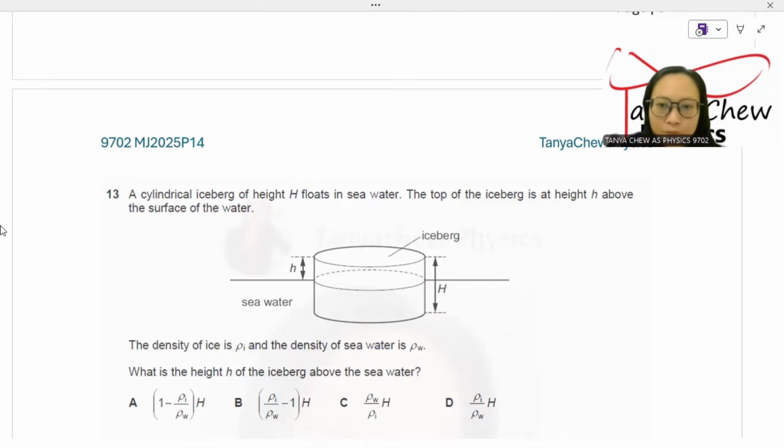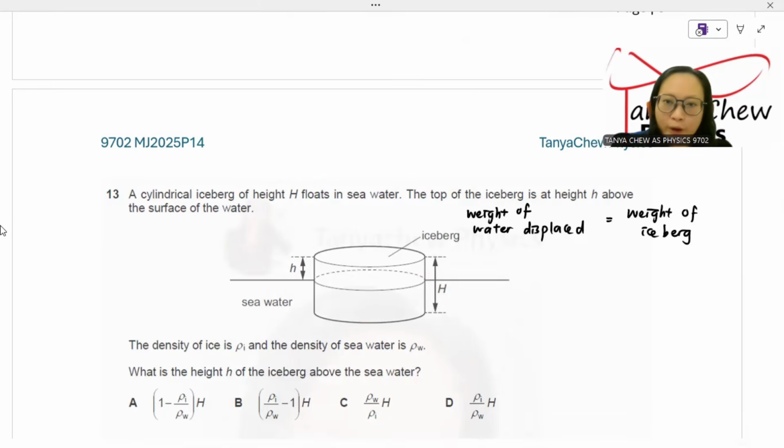Now, the weight of water displaced due to the iceberg being placed in the seawater is equal to the weight of the iceberg. Weight is mg, right? That is, weight of water is equal to weight of the iceberg, mg of ice.